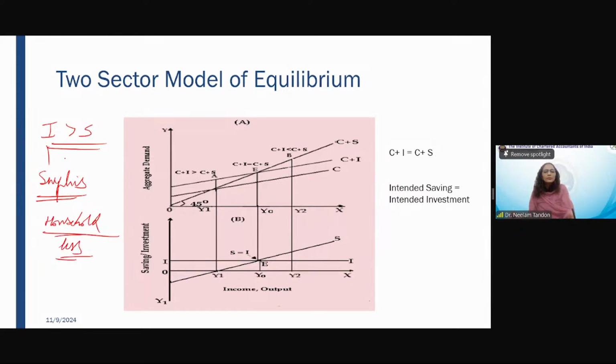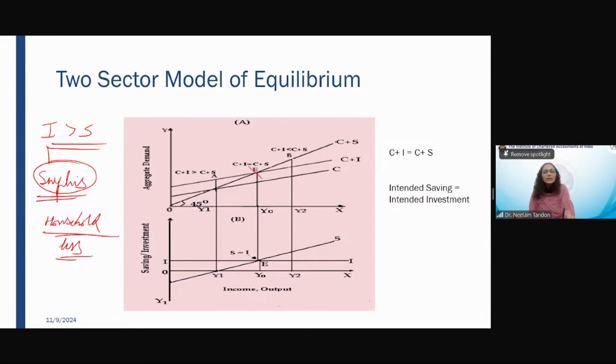What will happen in that case? The corporate will not produce further, because they know they have produced surplus, until demand increases in the economy. So here savings are less and investments are more.